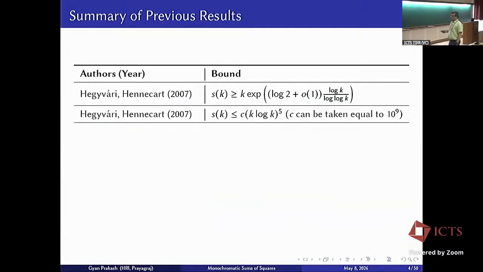They proved s_k is greater than or equal to k to the power log 2 plus little o of 1. As soon as this little o of 1 comes into the picture, you know we are talking about sufficiently large k, because unless I tell you how explicitly this little o of 1 matters, it gives you no information about small values of k.